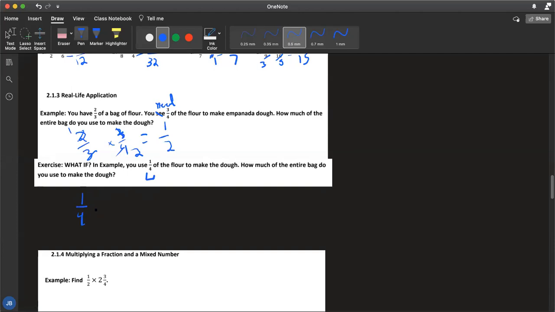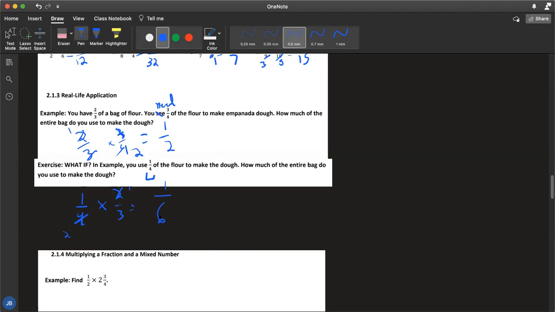Or does it want the 1/2? We just use 1/4 of the 2/3, it looks like. So it would be 1/6, 1/6 of the entire bag. Right? Does that make sense?